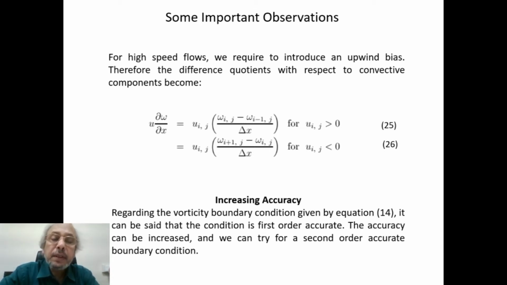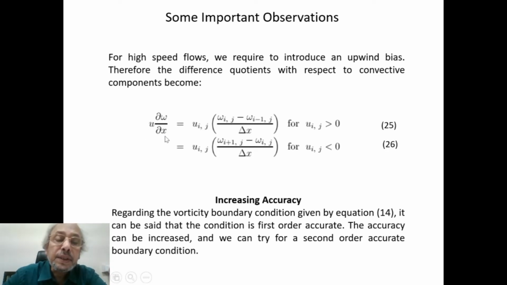Now, the first point that I would like to mention: if we try to model high-speed flows, high Reynolds number flows, that is, convection dominated flows, then obviously we have to go for upwinding. I will take a representative convective term u del omega del x.